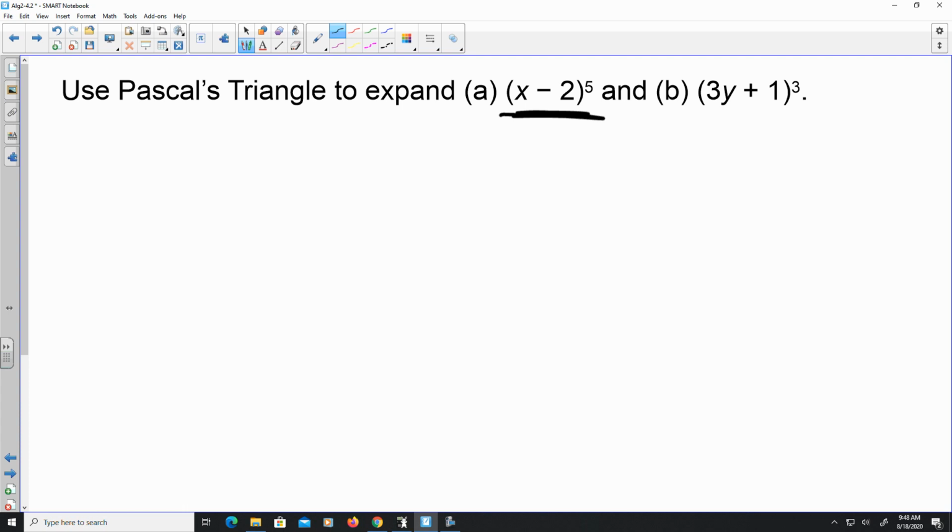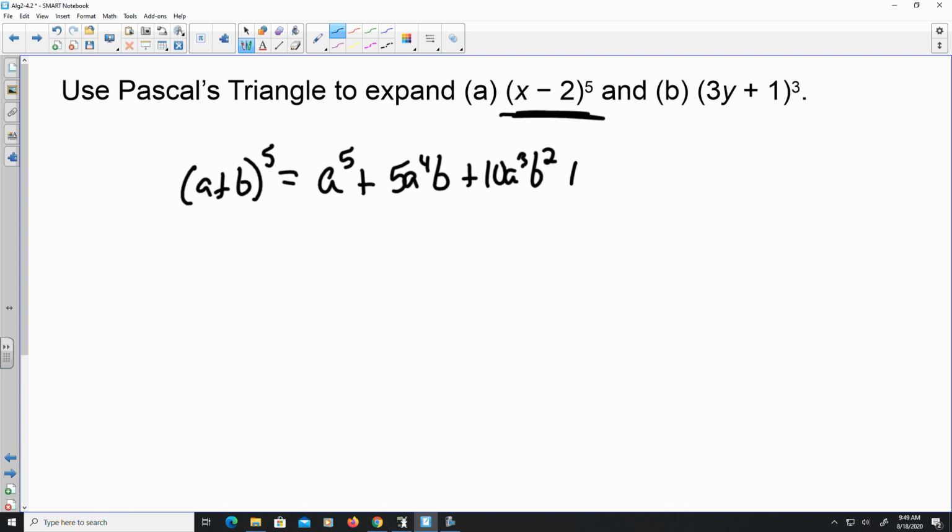So if you look back at your Pascal's triangle core concepts, it says that a plus b to the 5th power is going to equal a to the 5th plus 5a to the 4th b plus 10a to the 3rd b to the 2nd plus... Oh no, I'm sorry, I wrote that wrong.